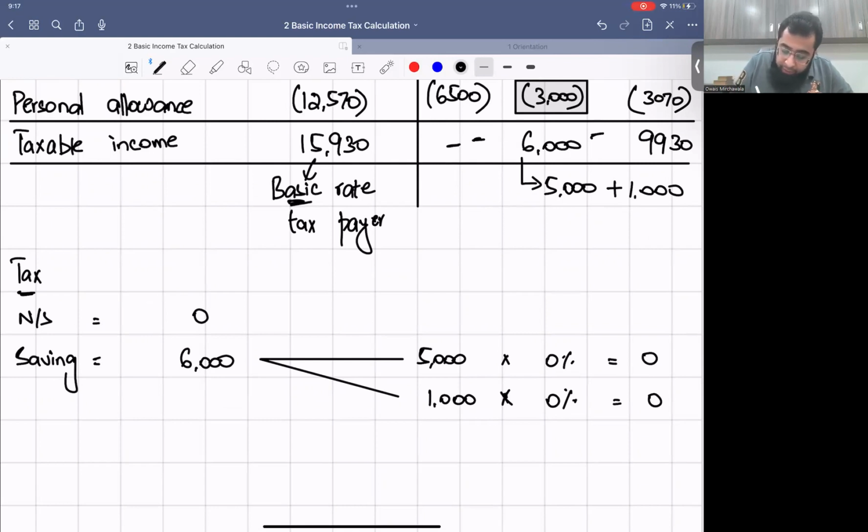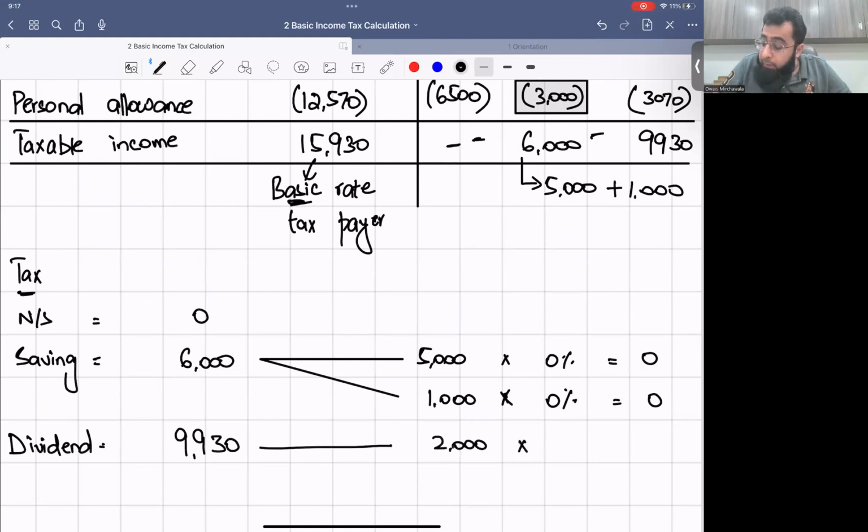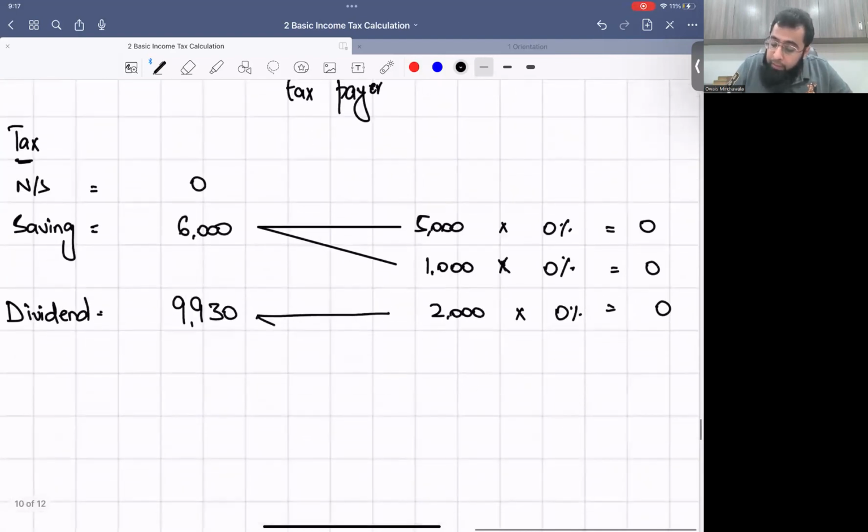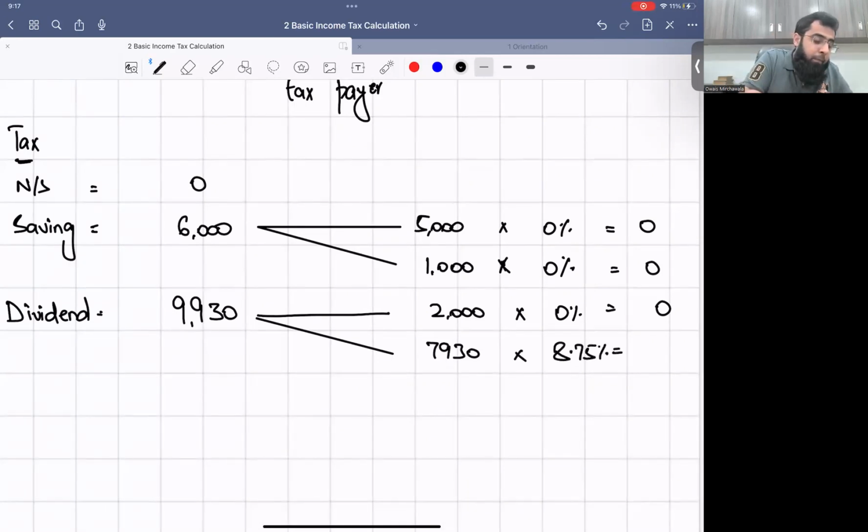Then we have dividend income, 9,930. First 2,000 at 0%, so it's 0. And the remaining dividend, 7,930. Basic rate band is 8.75%. So it's 694.